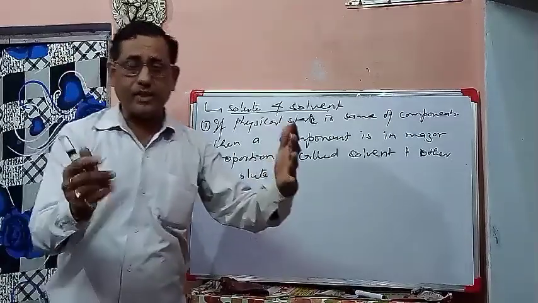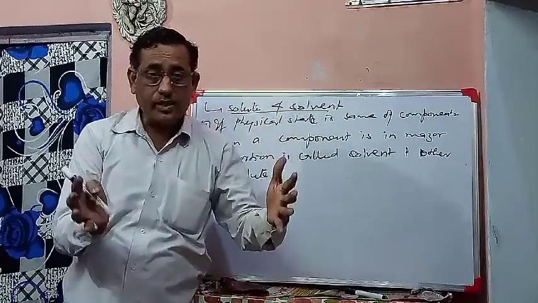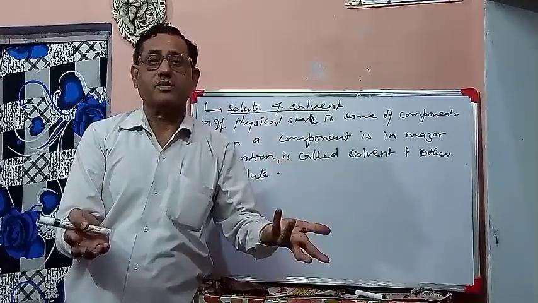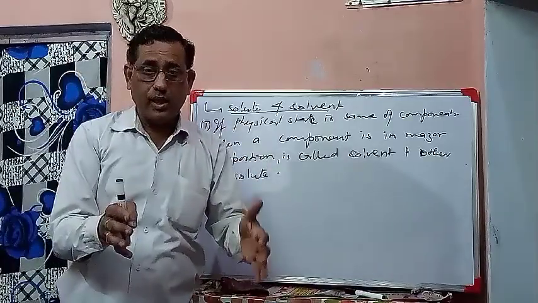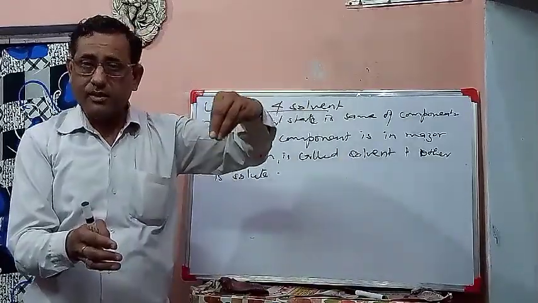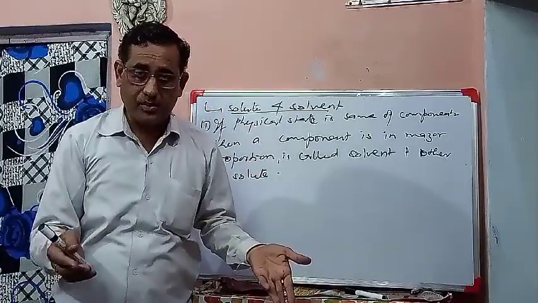For example, you take one glass of water and you add some quantity of ethanol, then water, in the major proportion, is the solvent. But again, you take one glass of ethanol and you add one spoon of water, then ethanol will be the solvent because it is in the major proportion.